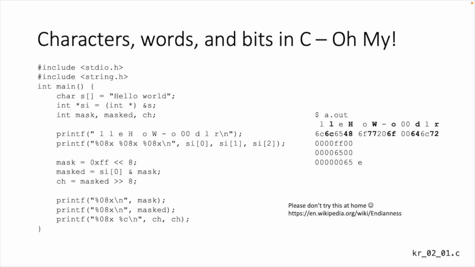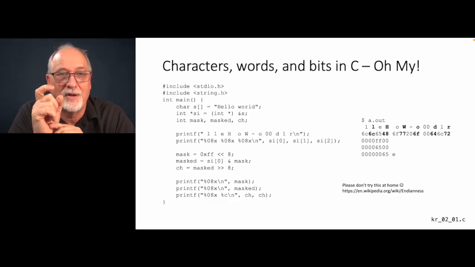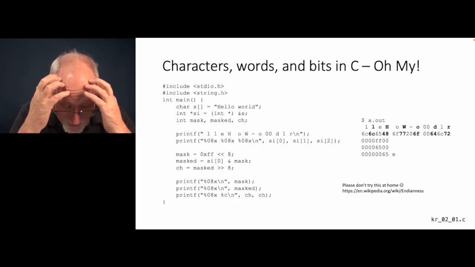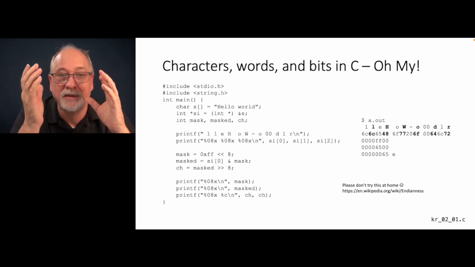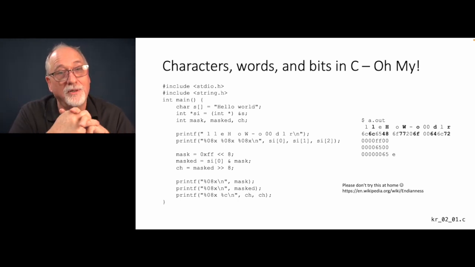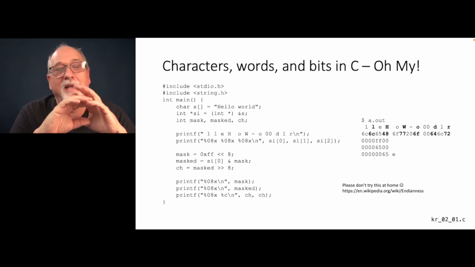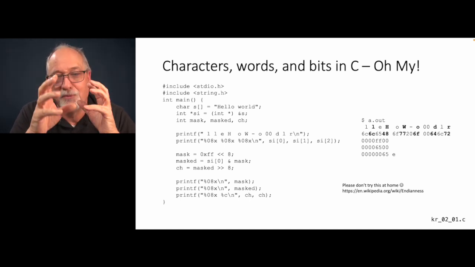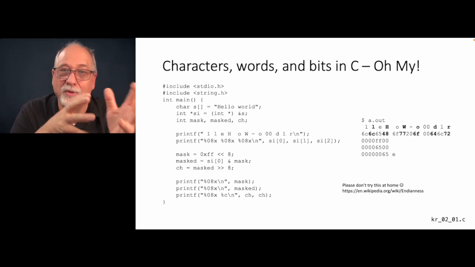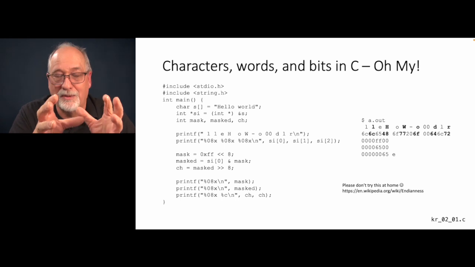This is how I would pull out the second character of a string so I could check to see if it's an E, because I can't compare directly the second character of a string. In Python, you're like, why are we doing this? And that's why you build a string class instead of using a character array for this. And I made it even worse by starting with a character array and viewing it as an integer array and then playing with the integers.